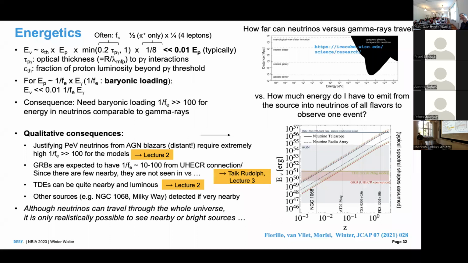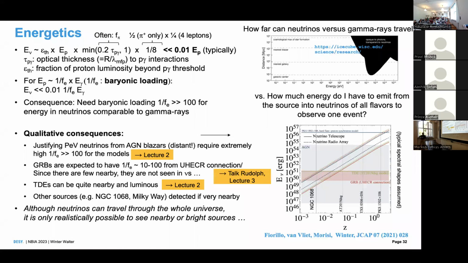And if you put this in up there, then you see that the neutrino energy is typically much smaller than 1% times the energy observed in photons times this baryonic loading factor. And that tells you already that you need a baryonic loading which is typically much larger than, let's say, 100, if you want to have an energy of neutrinos comparable to gamma rays.